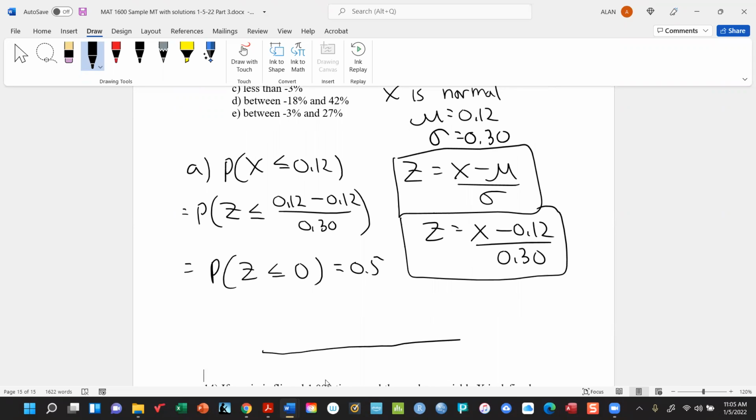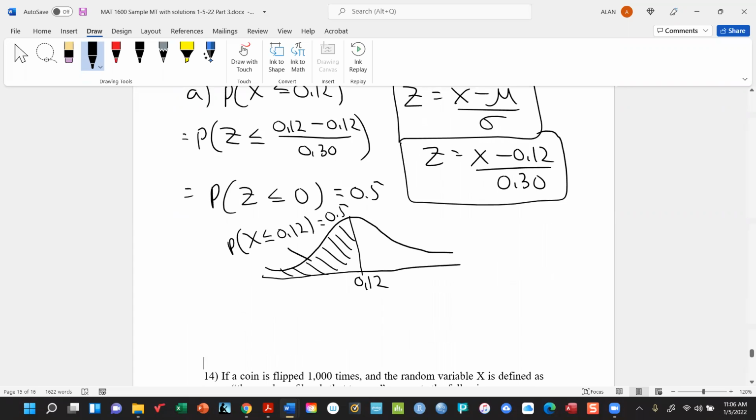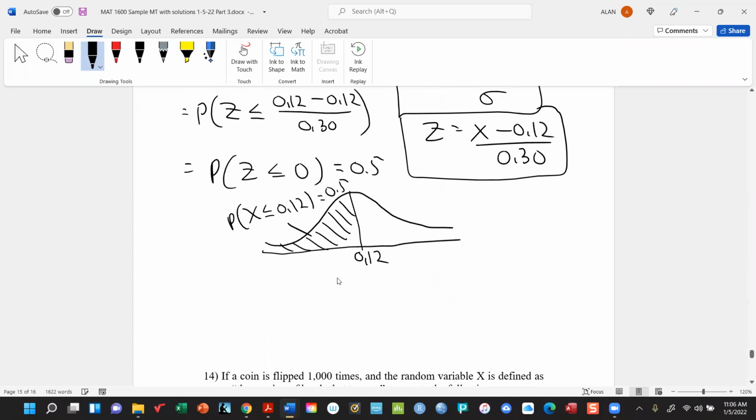Now here, if you notice this diagram, the mean is 0.12, which implies that the probability of being below 12 has to be a half. In other words, the probability that Z is less than 0 is the same thing as the probability that X is less than or equal to 0.12.